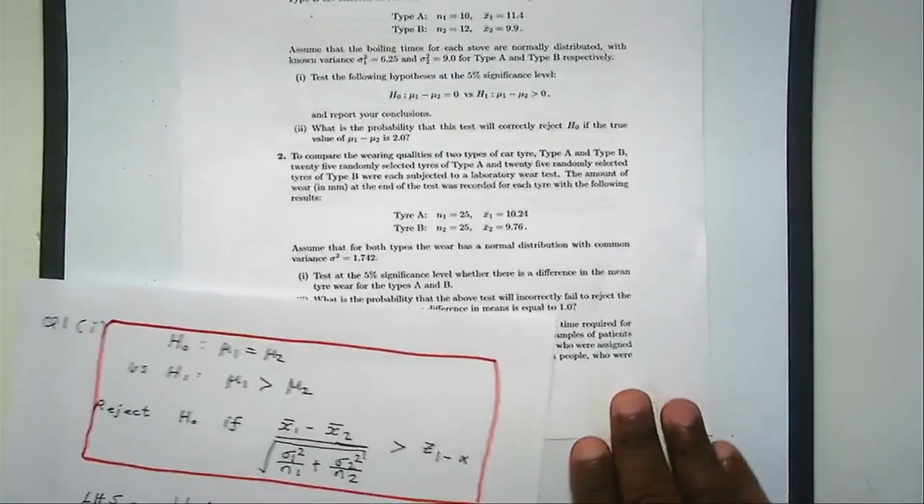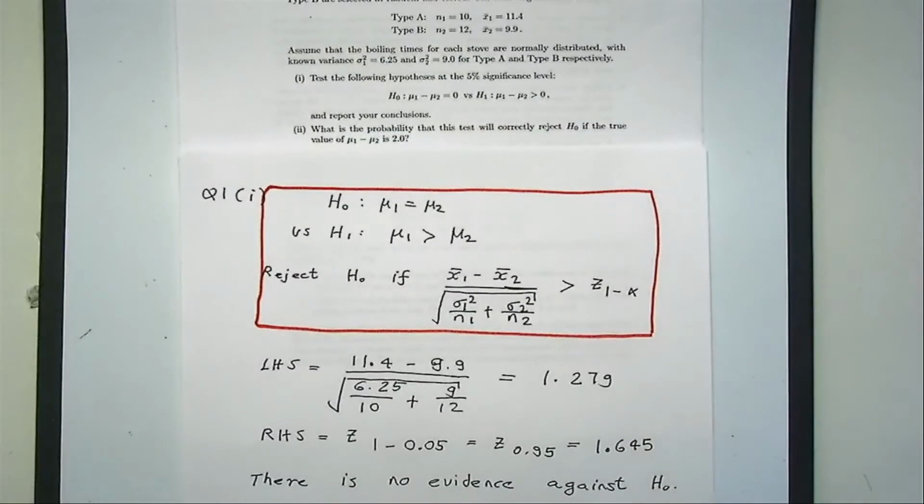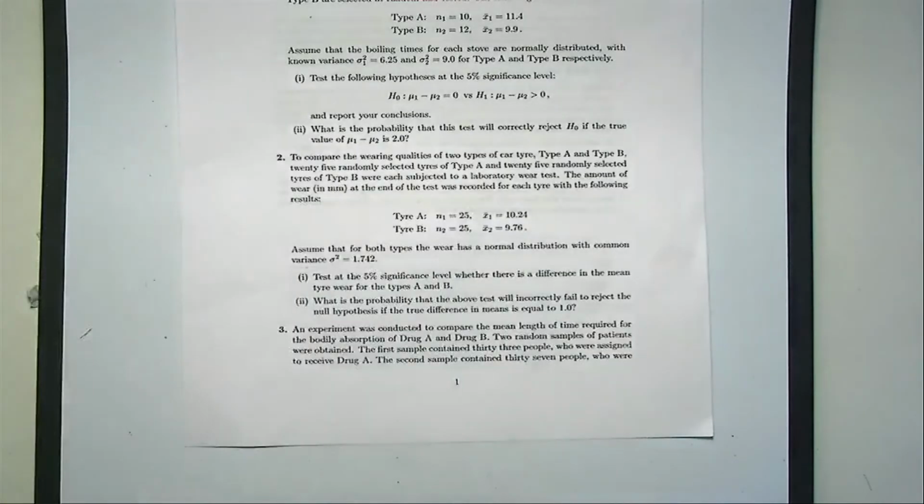The second part asks: what is the probability of correctly rejecting the test when the true difference in the population means is equal to 2?